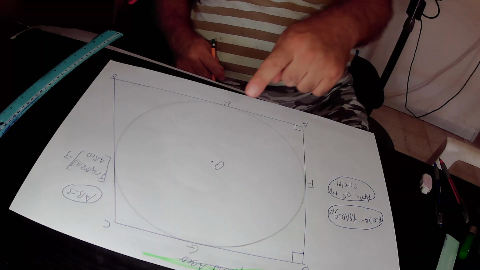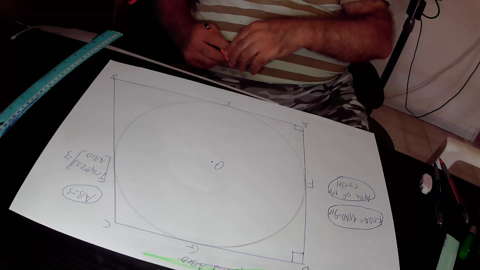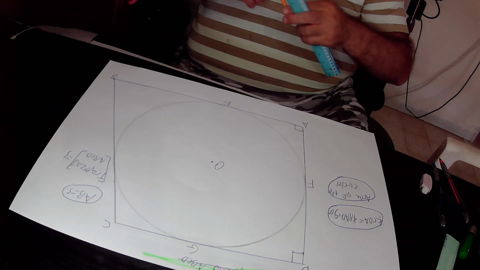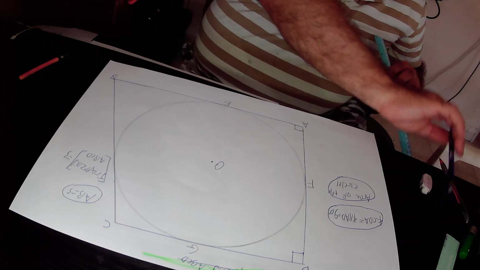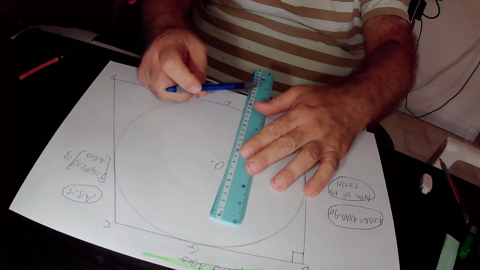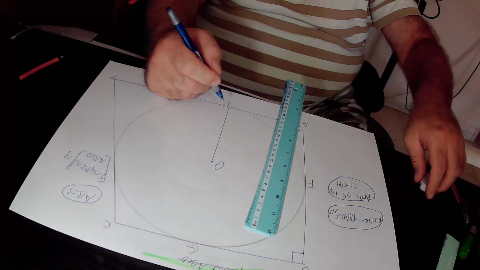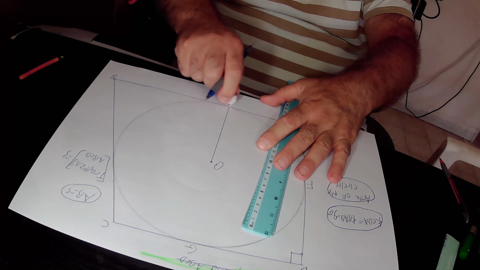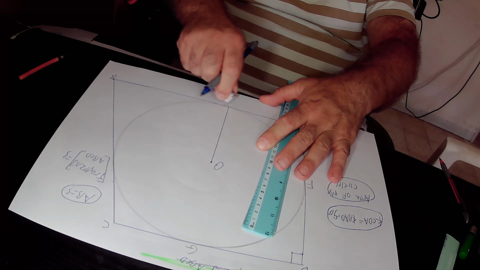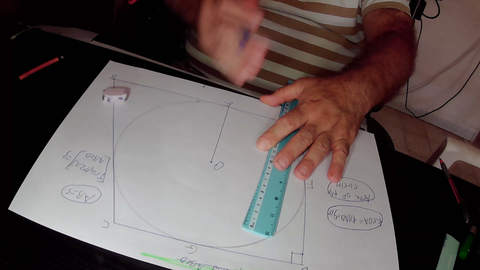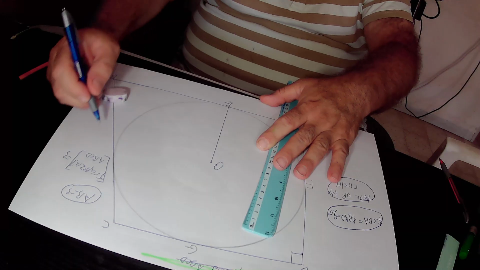In the next step, we will join points O and E together by a straight line. We define the radius of this circle as x.